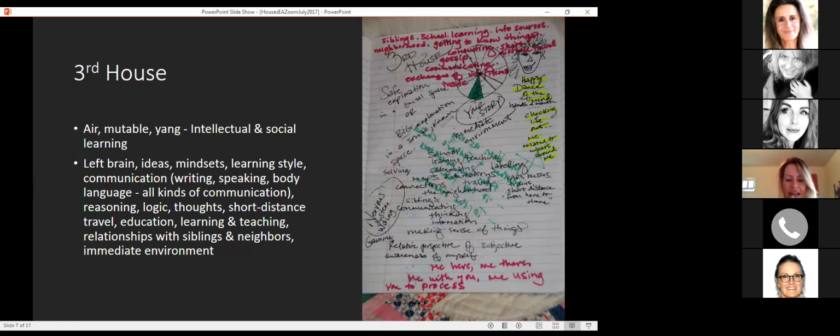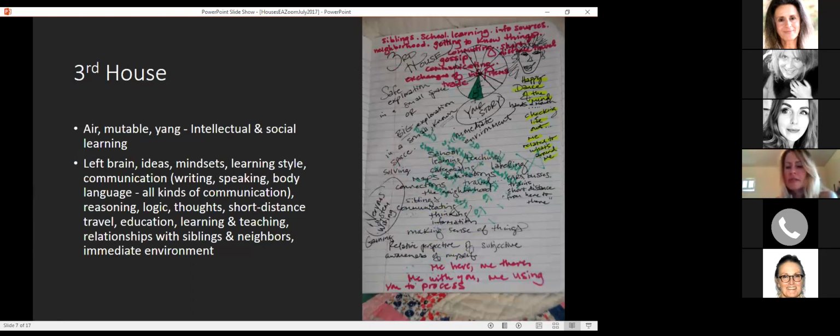I imagine that we're in this small space and we're super curious to explore, but there's still containment around it. In other words, we're not to the ninth house yet, which is huge exploration without knowing. It's okay, I'm going to explore what I know. So siblings fall in here, neighbors fall in here, all that immediate environment.